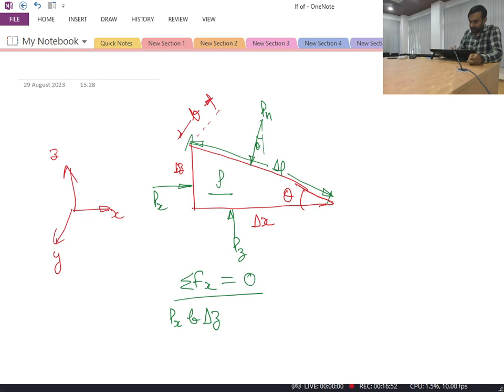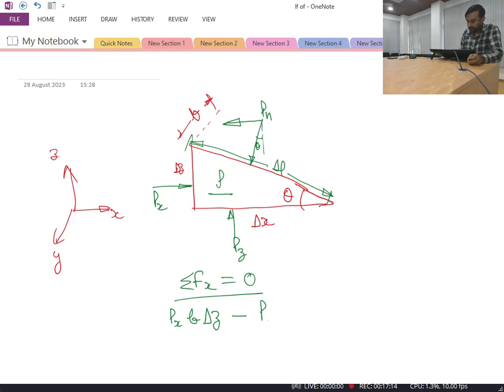And now this is the normal. Pn is normal to this surface, but it is making angle theta with the vertical direction. So it will have two components. The horizontal component of the force is moving in negative x direction. It is pointing in negative x direction.